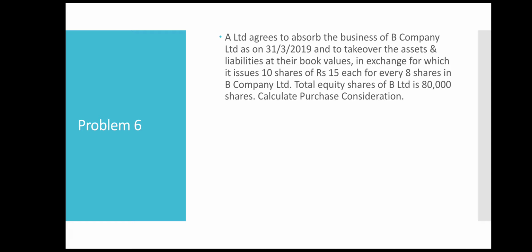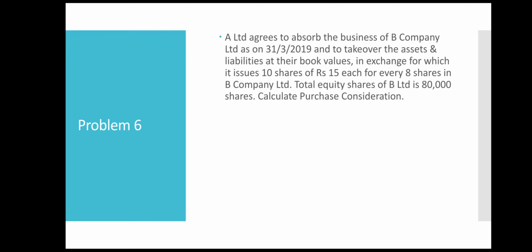Now look at the information that is given in the problem. When we read the problem, we have to analyze it and understand what things are given. Based on that, we should decide which method of calculation of purchase consideration the problem is based on.